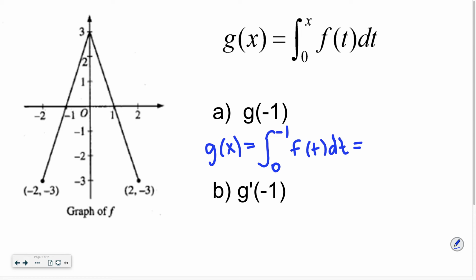Is 0 to -1 a backwards interval? Yes, it is. So what is the area right here? That's 0 to -1. What's that area? Negative. Why did you say negative? We're going backwards. Okay, so that area is 3/2, but since we're going backwards, we have to put the negative on it.